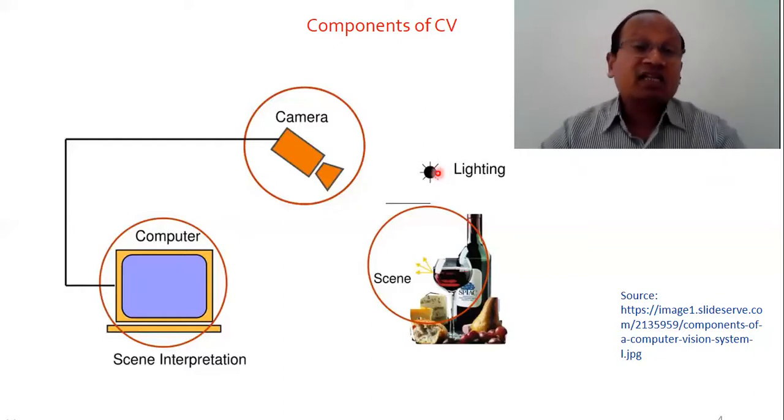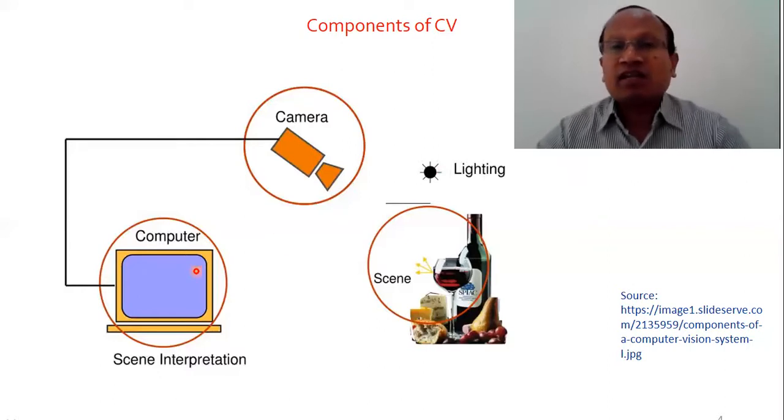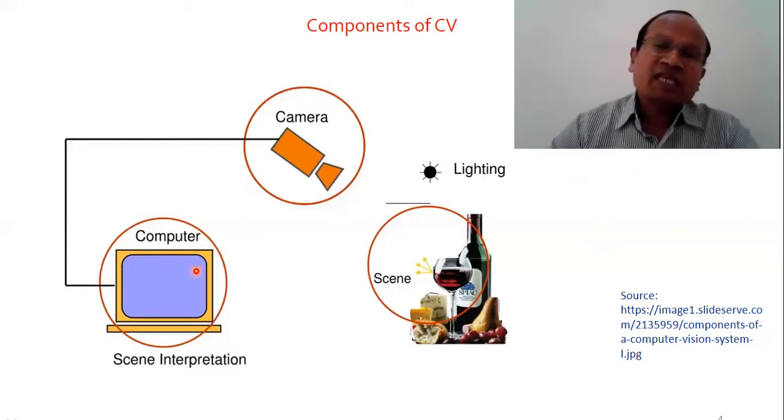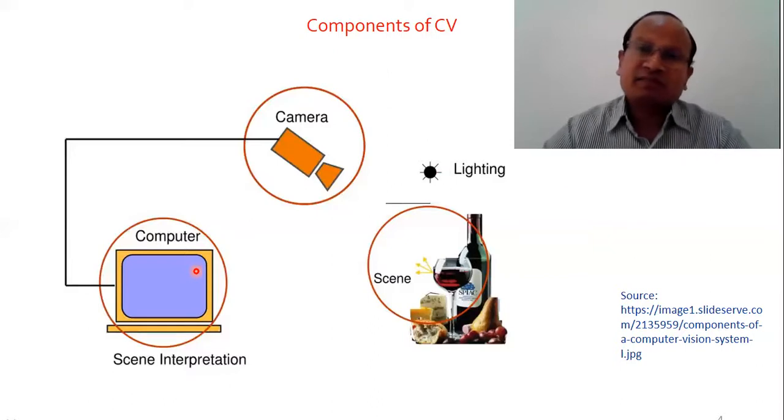And then the computer, which is not an ordinary computer, but an intelligent device. It's not only a computing device, but an intelligent device. Why is it an intelligent device?